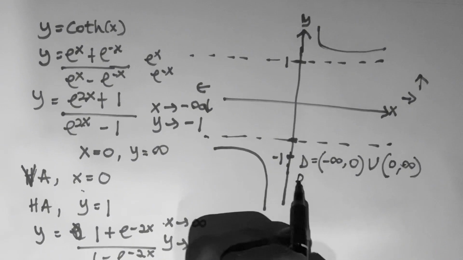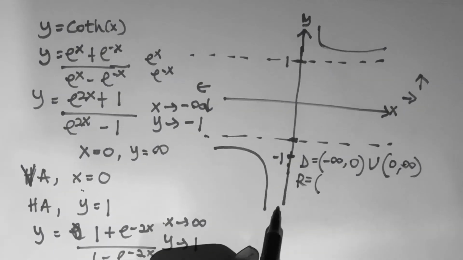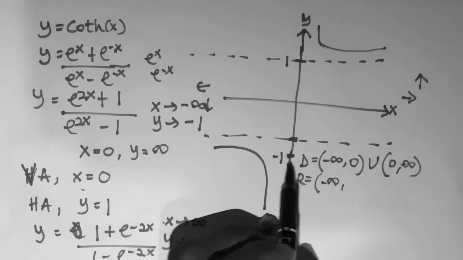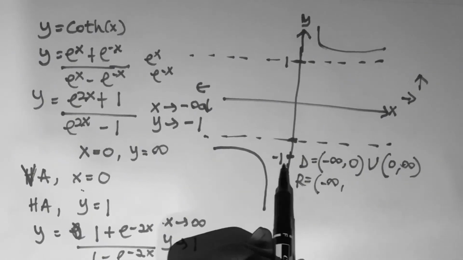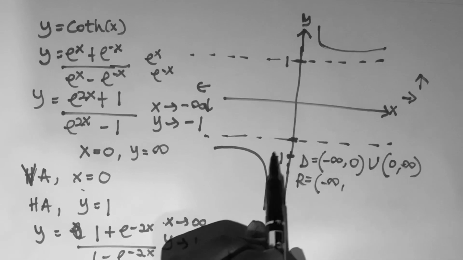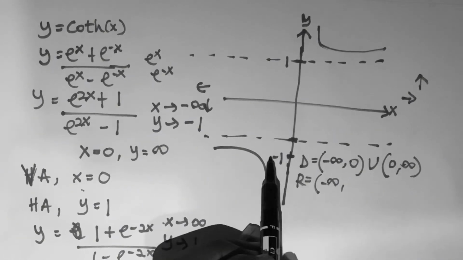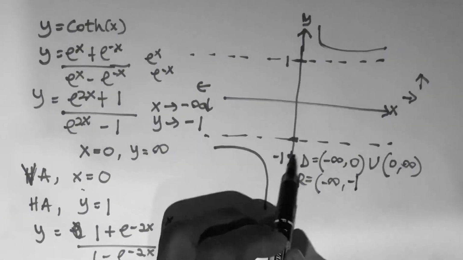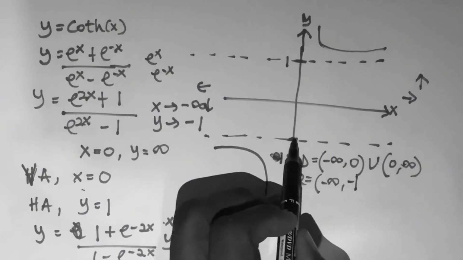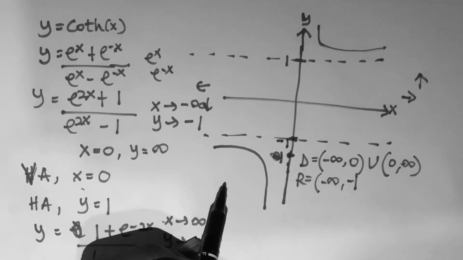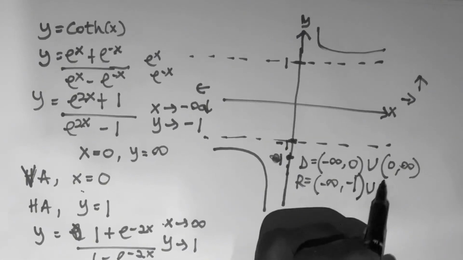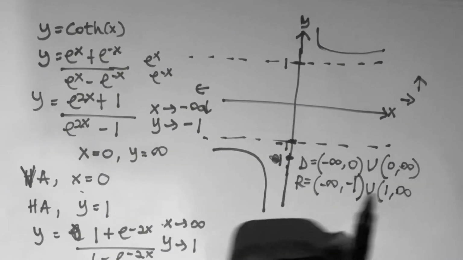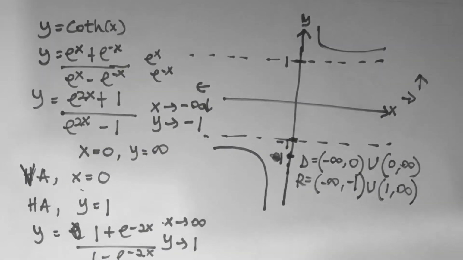And then the range, you see that here is minus infinity and minus 1, but minus 1 is not part. So I made a mistake. Let me put the minus 1, union, yes, 1 and then infinity. So this is the range.